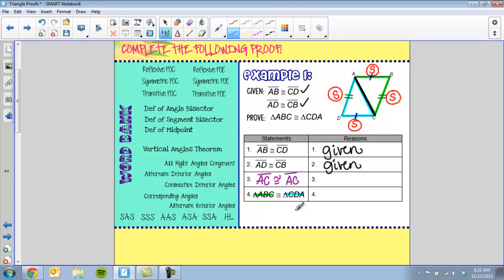So it's still going to be congruent to itself. And what do we call that property when something is congruent to itself? Absolutely. If you said the reflexive property, particularly of congruence, since we are talking about sides, the congruent symbol, we will say POC, and we'll mark on our picture one last symbol.